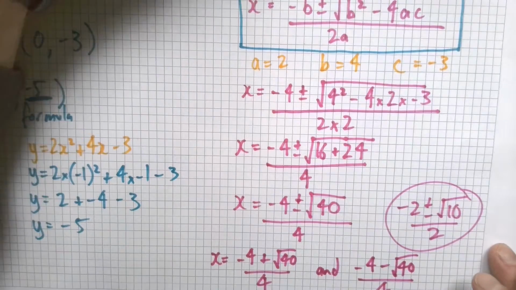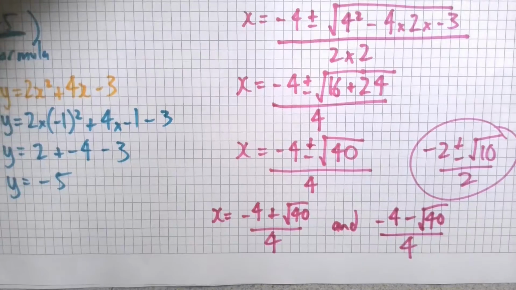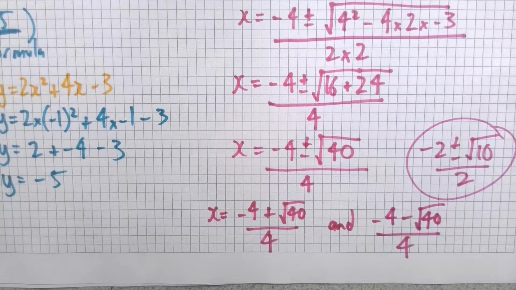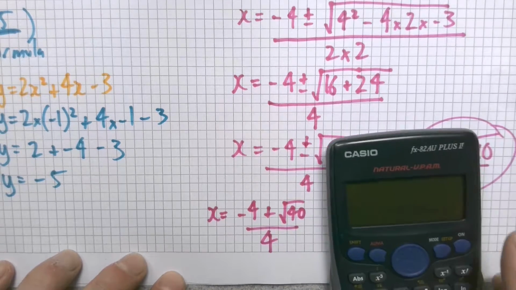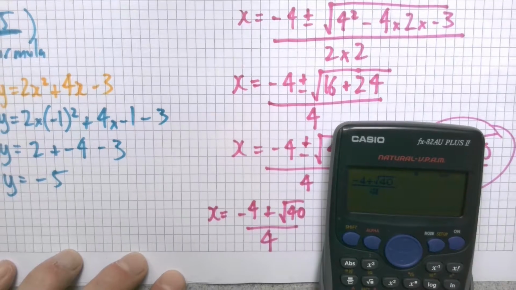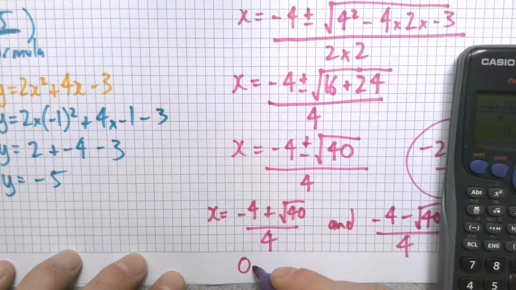Okay, and so you can see that. What you can do is just use your calculator, because it's a bit hard to plot these points on a Cartesian plane. Work out what is minus 4 plus square root of 40 over 4: 0.58 approximately.